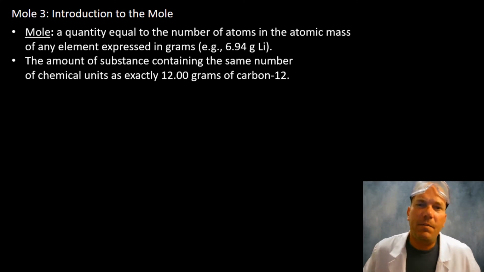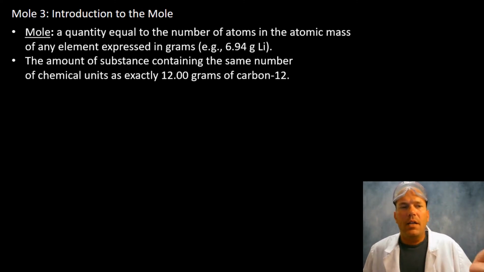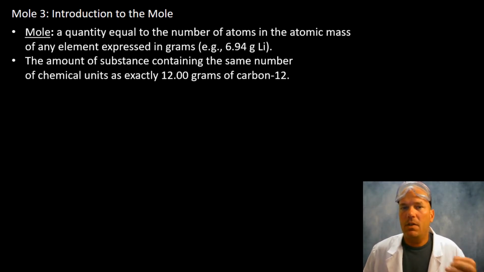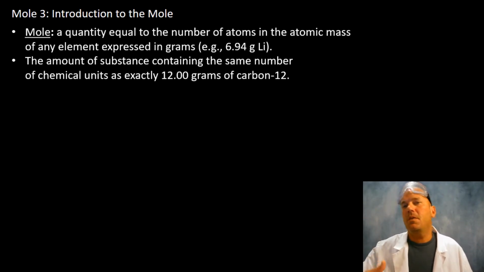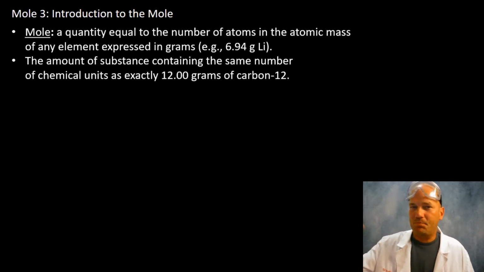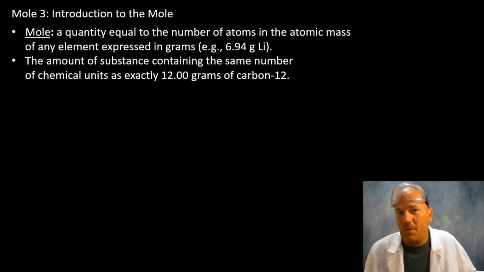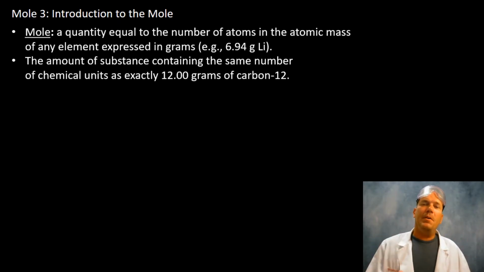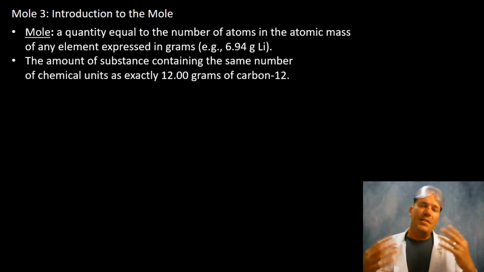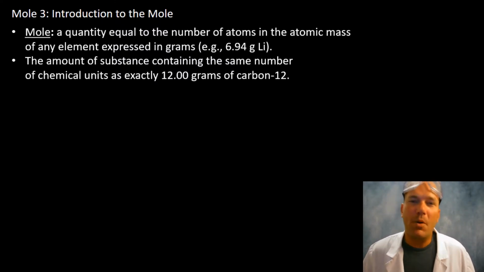Okay, so let's get a definition for the mole here. A quantity equal to the number of atoms in the atomic mass of any element expressed in grams. We've already gone through examples, but for example, lithium, 6.94 grams, is going to have the same number of atoms as 9.01 grams of beryllium.